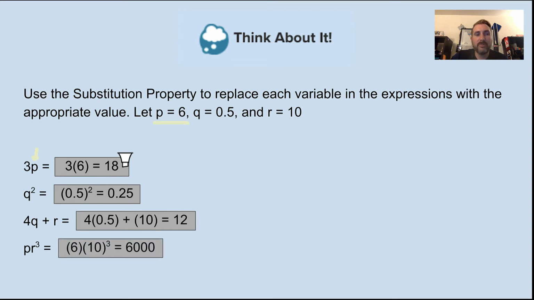And if we plug in P and R, 6 and 10, then we evaluate that, we would get 6,000. Again, notice we're just taking the value that's here and plugging it in the same place. So Q and R, their values are plugged in.